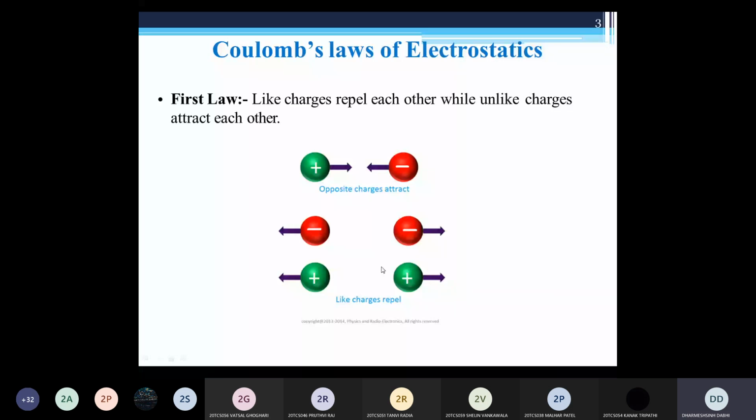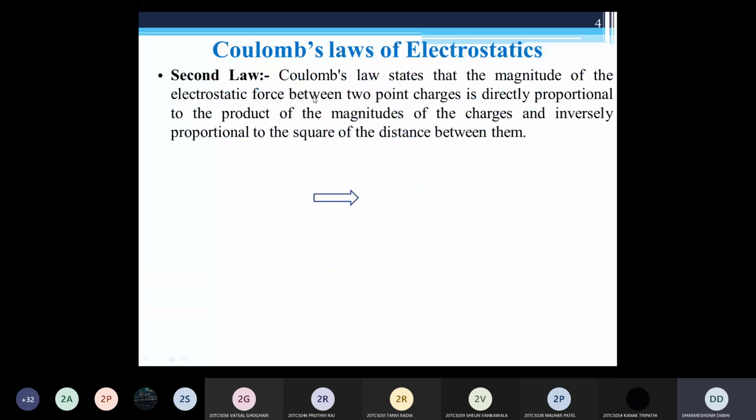Then Coulomb's second law says that the magnitude of the electrostatic force between two point charges is directly proportional to the product of the magnitudes of the charges and inversely proportional to the square of the distance between them.